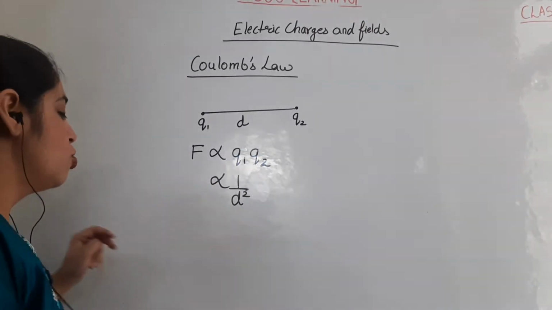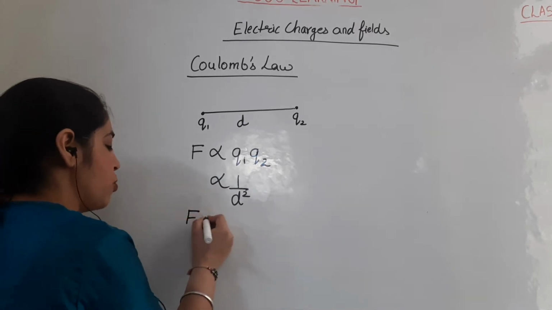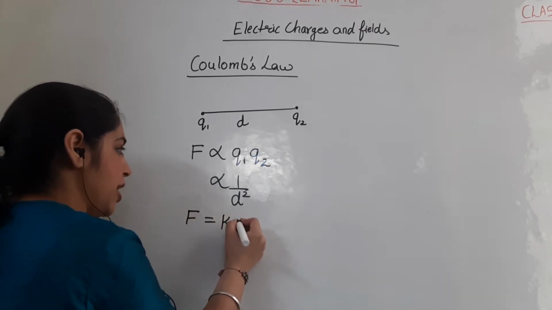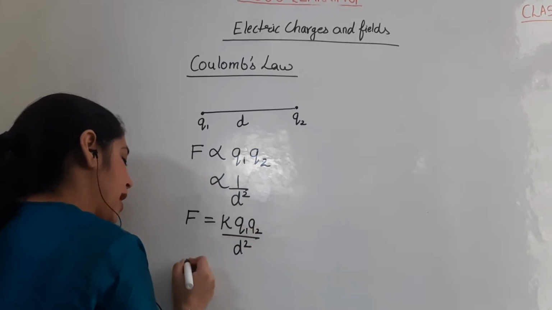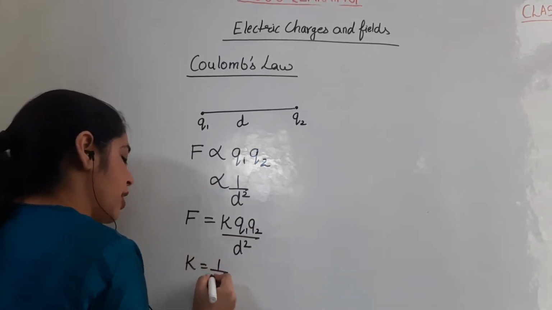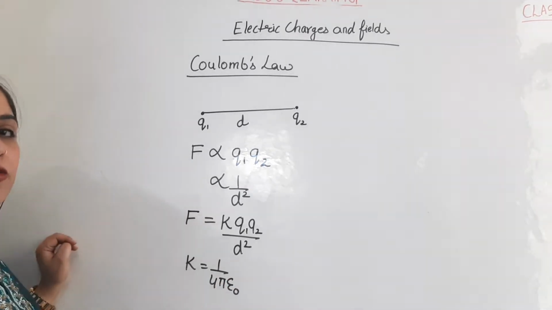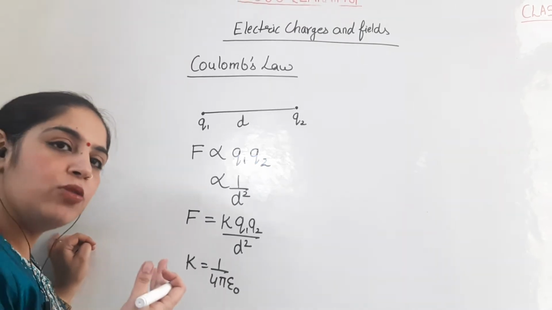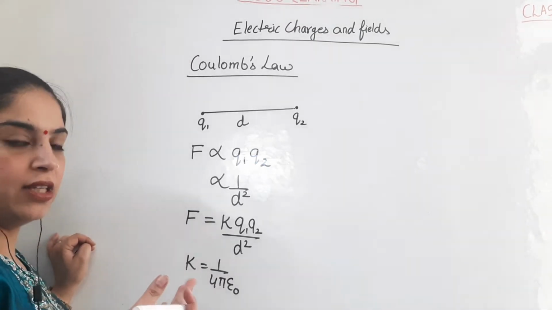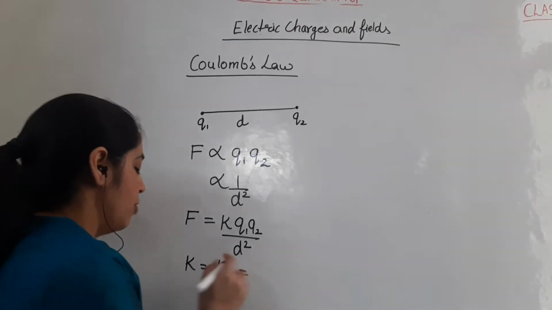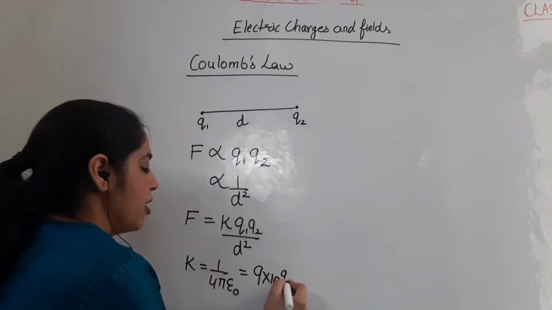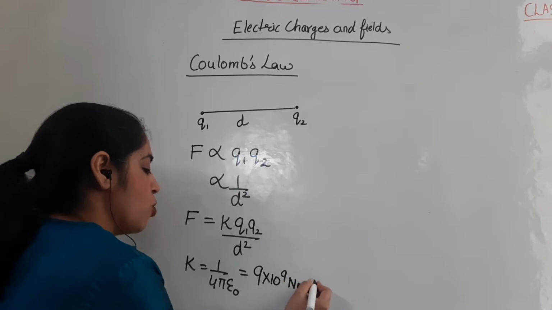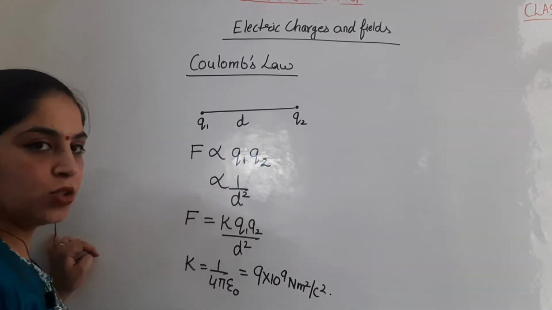On removing the sign of proportionality, we get a constant k, so F is k Q1 Q2 upon d square, and this k is nothing but 1 upon 4 pi epsilon naught, where epsilon naught is the permittivity of the medium. We'll discuss this permittivity as we move ahead with the chapter. Right now, you should know the value of k, that is 9 into 10 to the power 9 Newton meter square per Coulomb square.